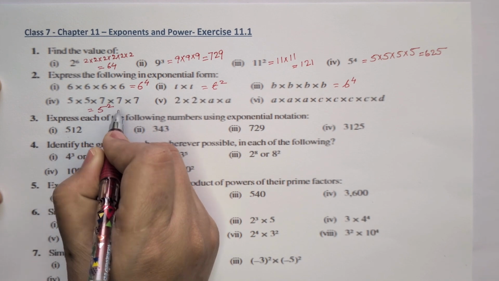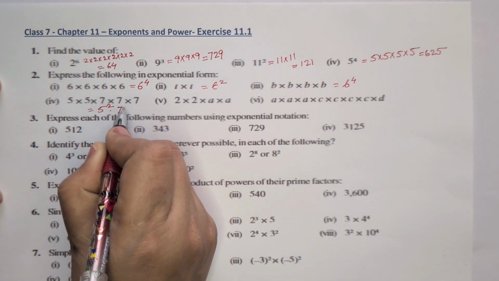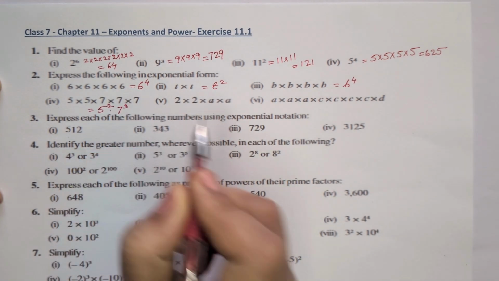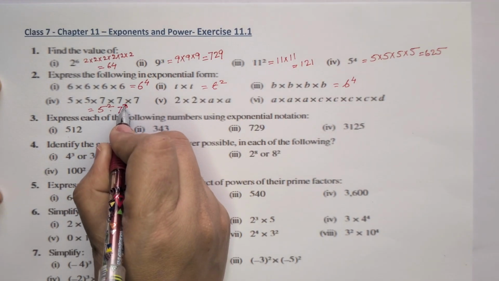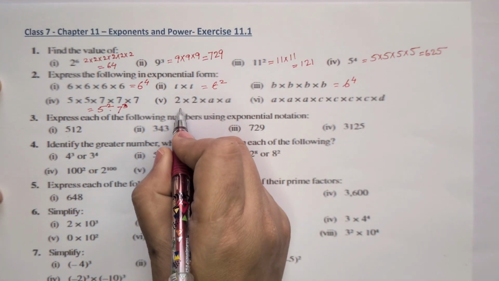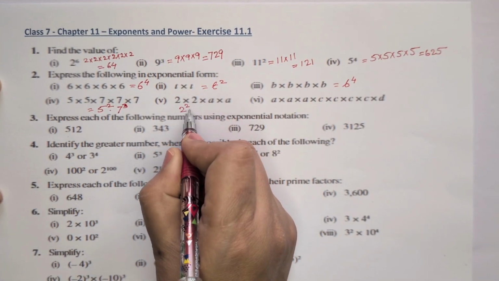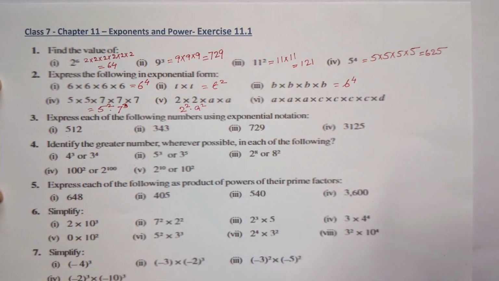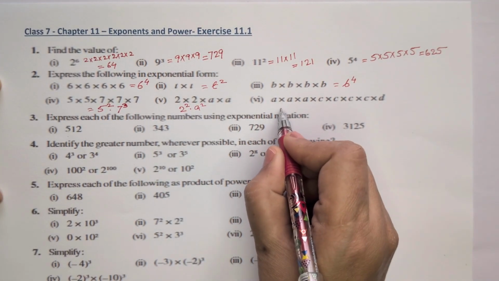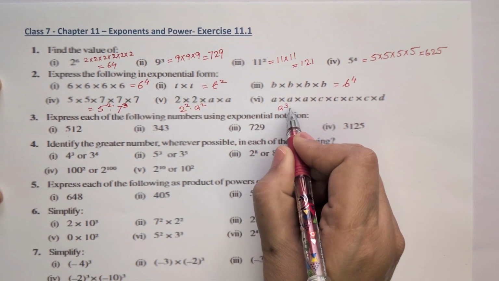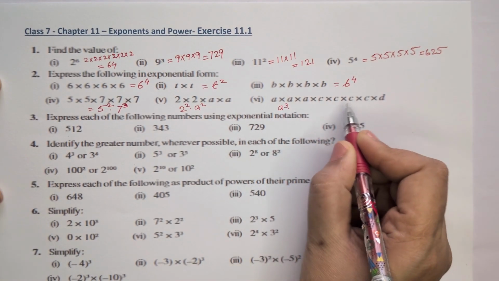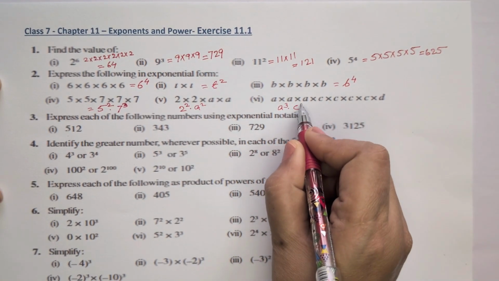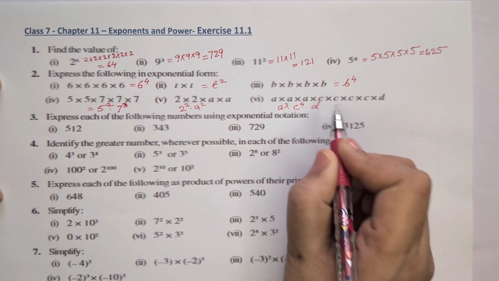So 5 square into 7 cube. Here a two times, a square. Here a three times into c four times, that into d.